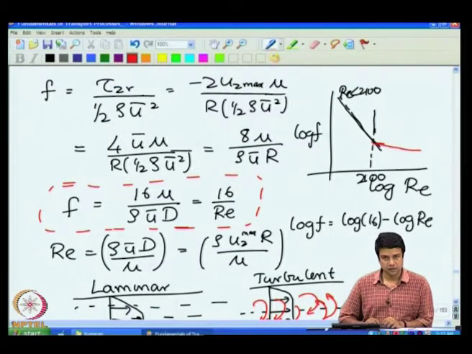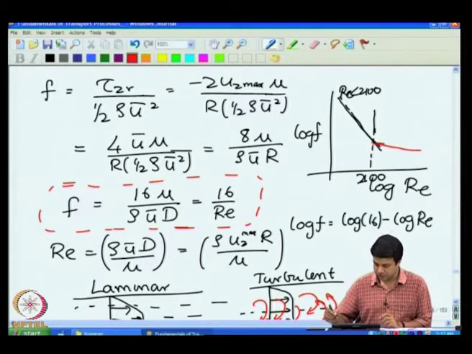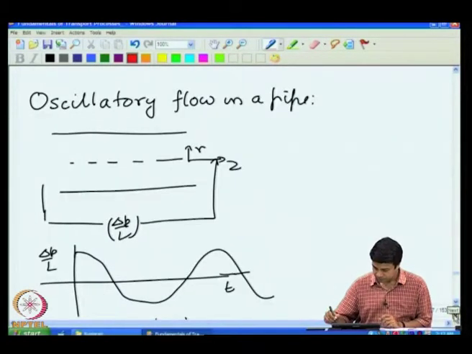Eddies are correlated motion of parcels of fluid which fluctuate in a turbulent flow, and the cross stream transport of momentum due to these eddies results in a far more efficient transport of momentum as compared to a laminar flow. And therefore, the friction factor is much higher than what you would expect for a laminar flow.